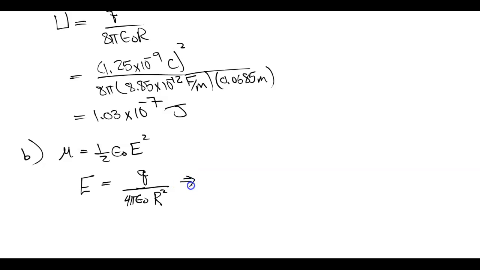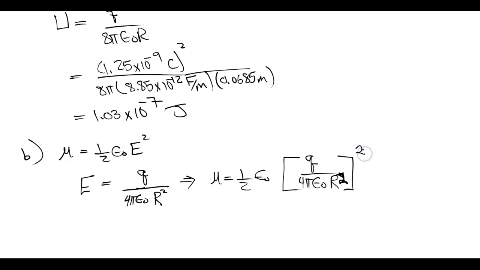So now this means that mu equals 1/2 epsilon naught, and instead of E we're going to put q over 4 pi epsilon naught r squared, the whole thing squared.